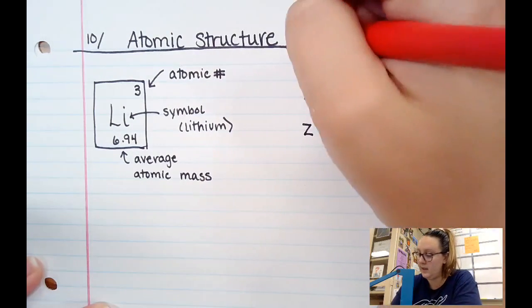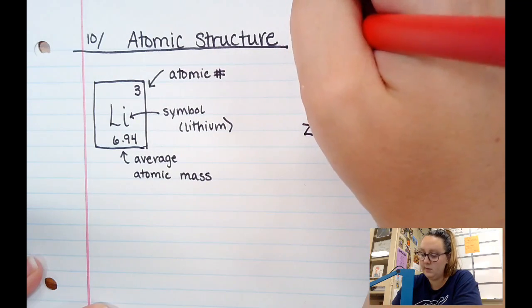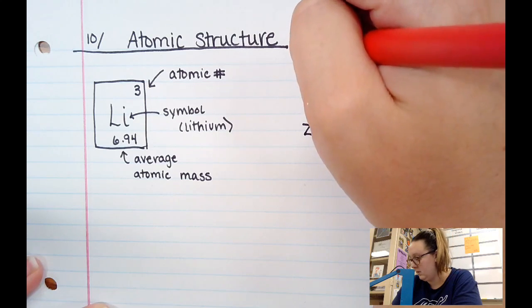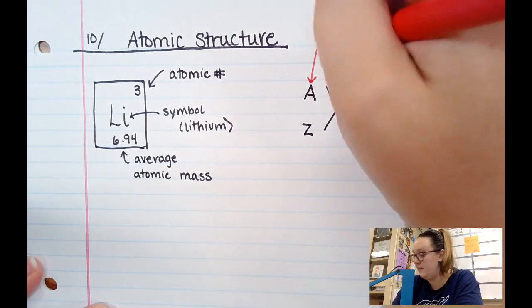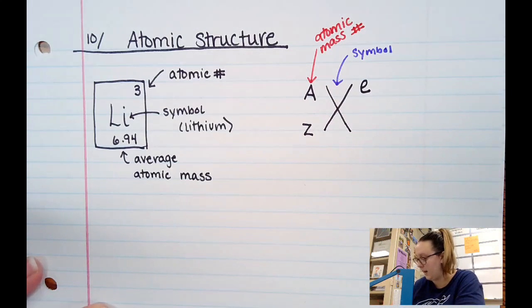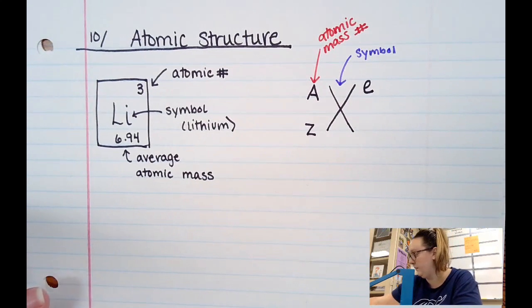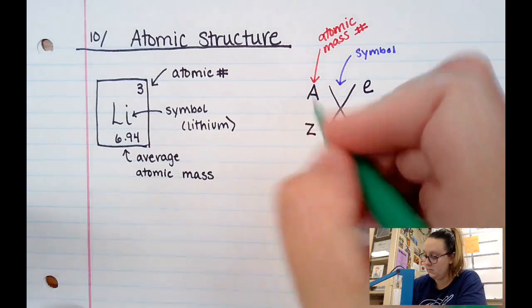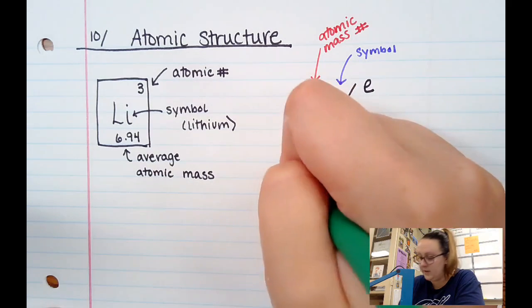That's the atomic mass. And we'll call this the mass number because that's always going to be a whole number when you write it like this. And that's the atomic number.